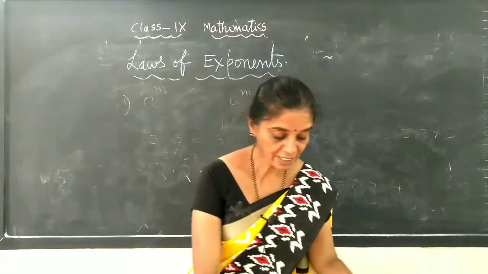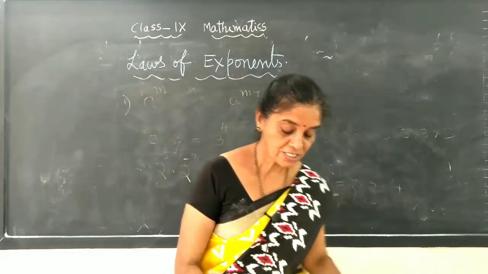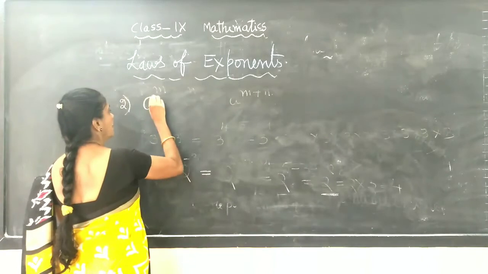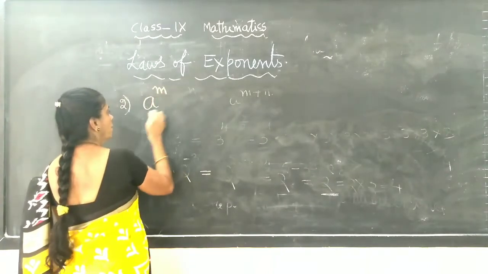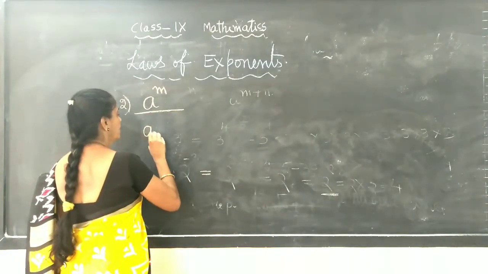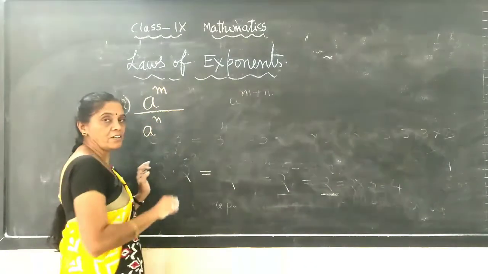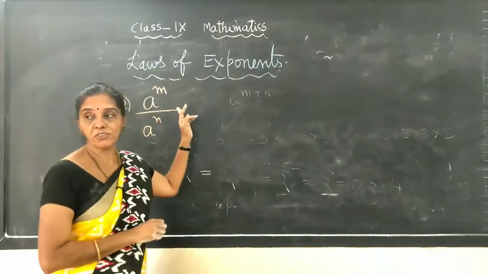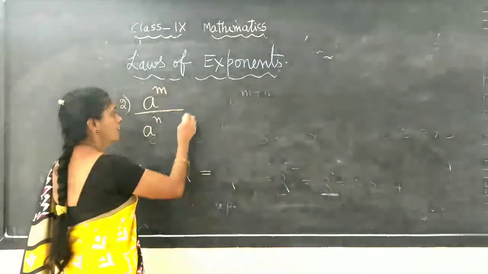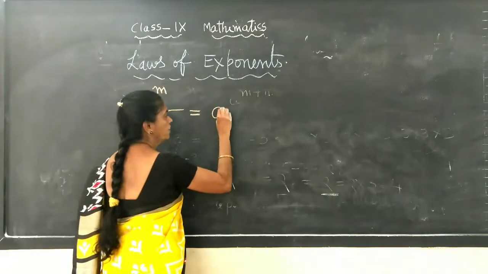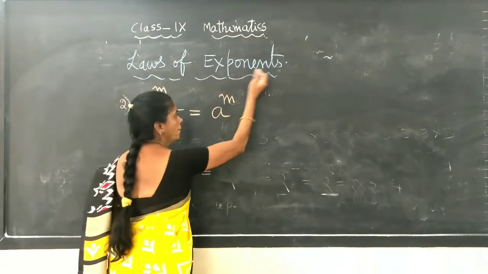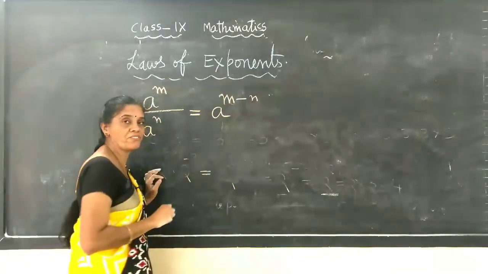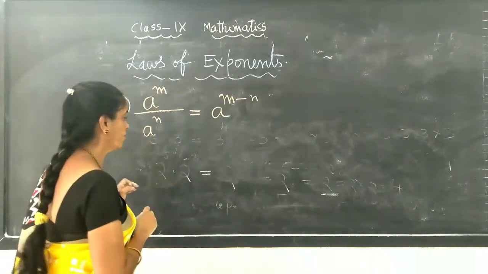Then the second law says a to the power of m divided by a to the power of n. If you have the same base in the exponential value, when we have to divide, then it is equal to a to the power of m minus n.